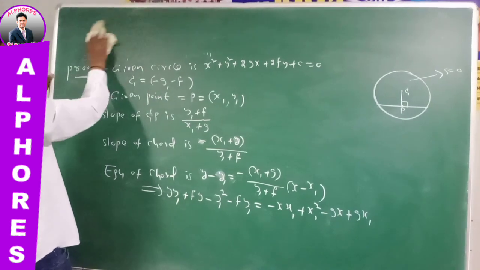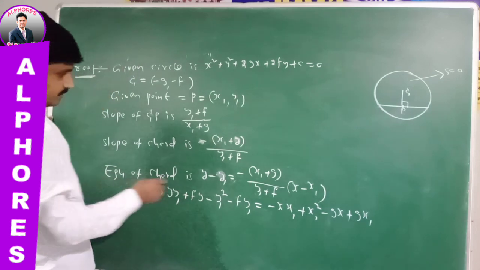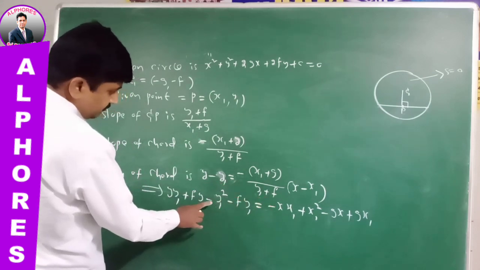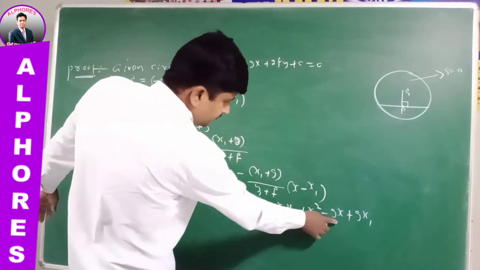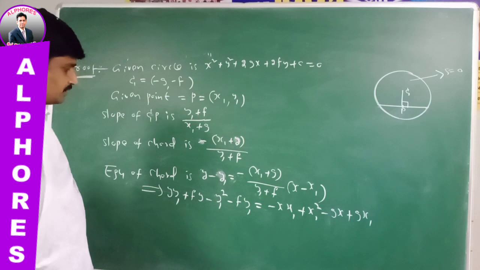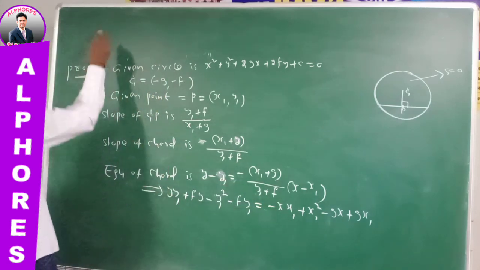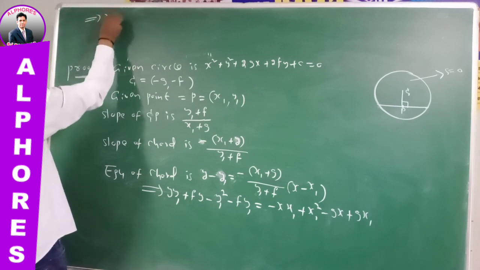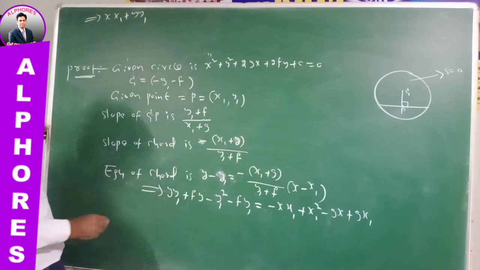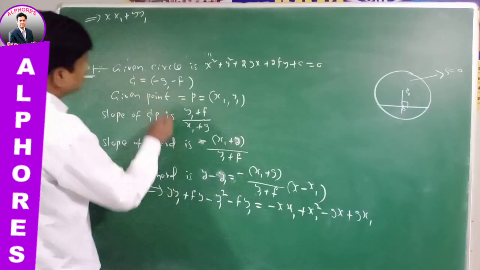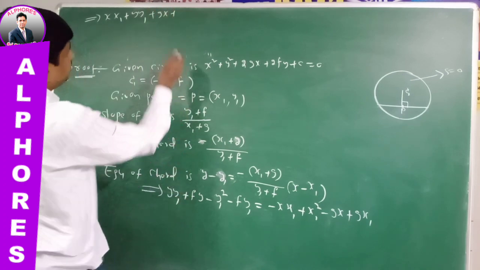Now, the equation of the chord is S1 equal to S11. Here, negative terms on the left side and negative terms on the right side. Interchange these two terms. Now here minus x x1 taking to the left side, it is x x1 plus y y1 plus gx plus fy.